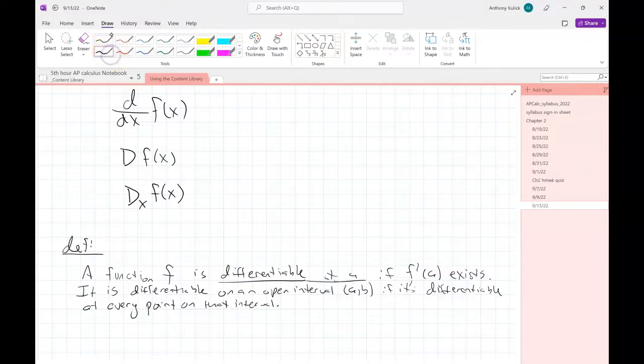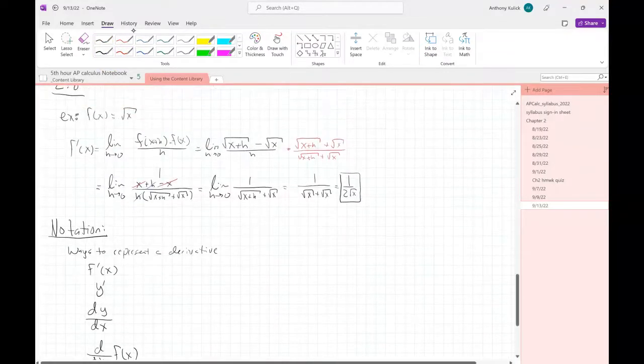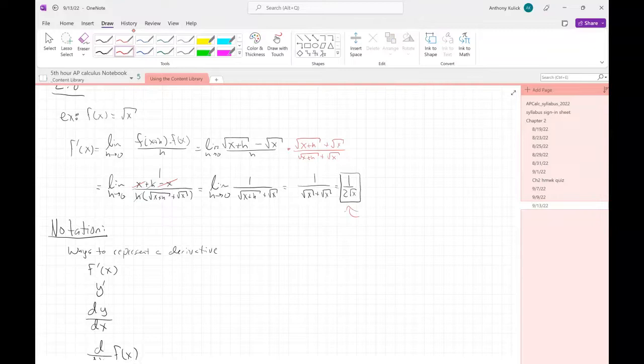So if we go back to that previous example we just looked at, where is f prime of x differentiable? On the open interval from 0 to positive infinity.